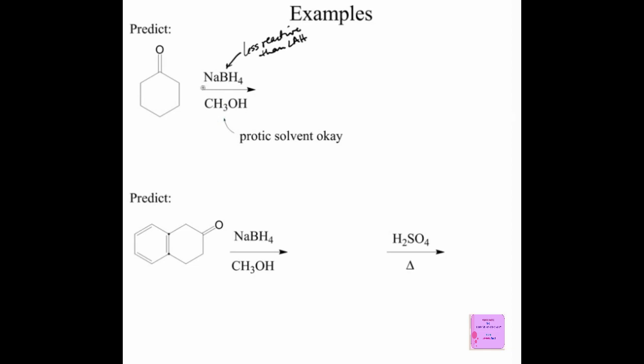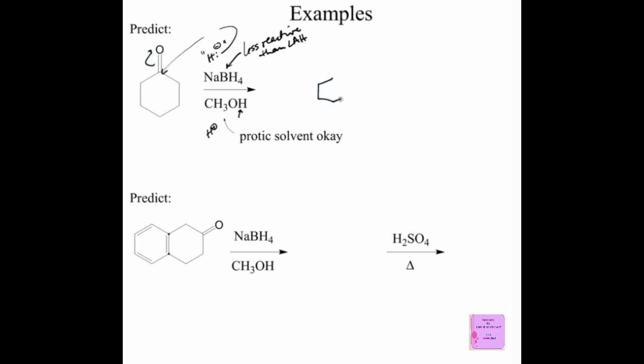We can actually use as our solvent a protic solvent. So the NaBH4 is going to be donating our H minus, and the methanol here is going to be donating the H plus at the end. It's going to be available for, instead of a separate workup step, it's going to be our final protonation step. Okay, so what happens? Same thing as LAH. We attack the carbonyl.